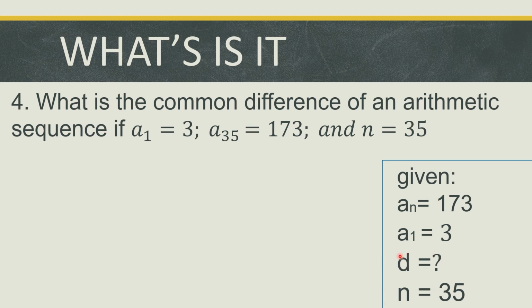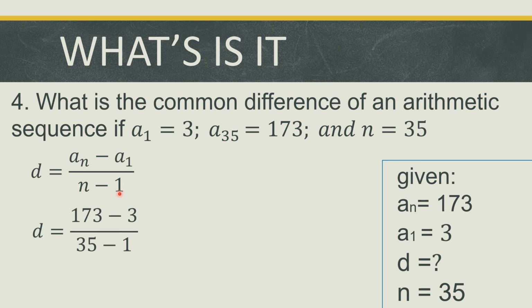So since d is the missing, we're going to use the formula in finding the d, which is equal to a sub n minus a sub 1 all over n minus 1. So by simply substituting, the a sub n or the a sub 35 which is 173, substitute it here, and a sub 1 which is 3, and then n is 35 minus 1.